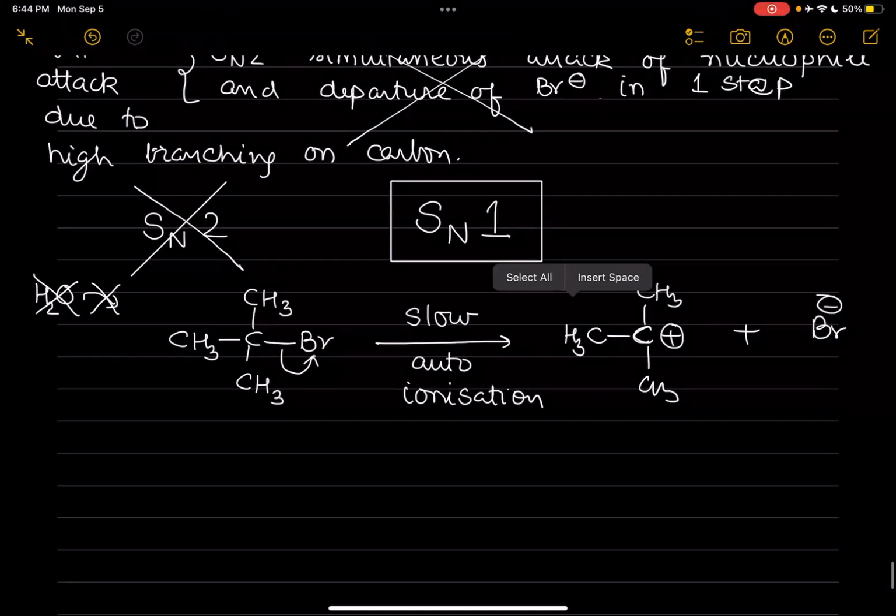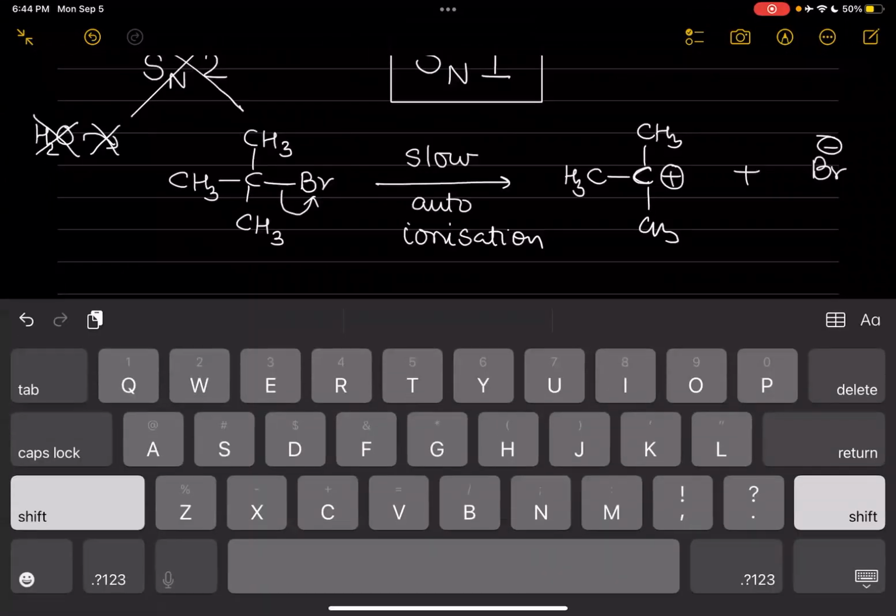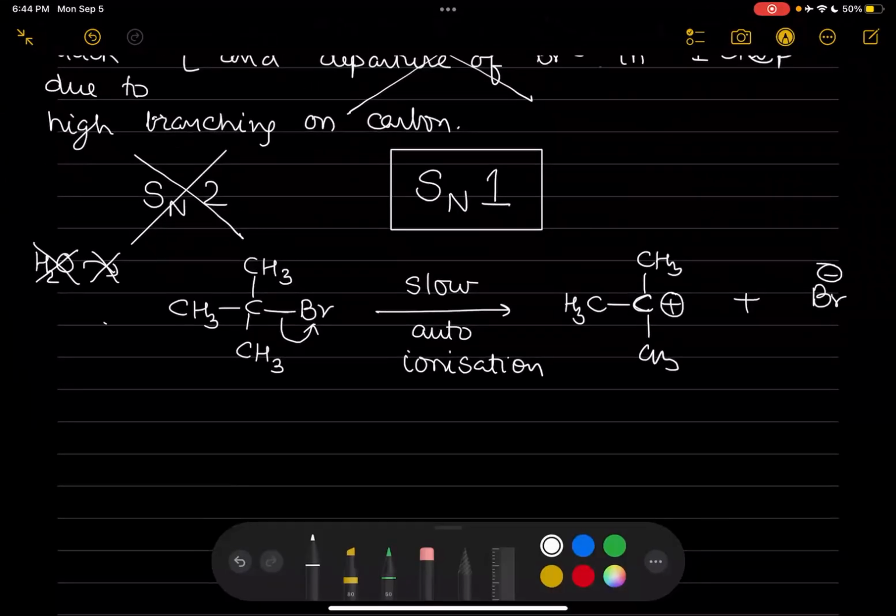Because in SN2, the nucleophile is directly coming and approaching the molecule and pushing out the leaving group Br or Cl. But in this case, the carbon cannot be approached because it already has 3 carbon atoms connected to it. Okay. So then how does the reaction happen?